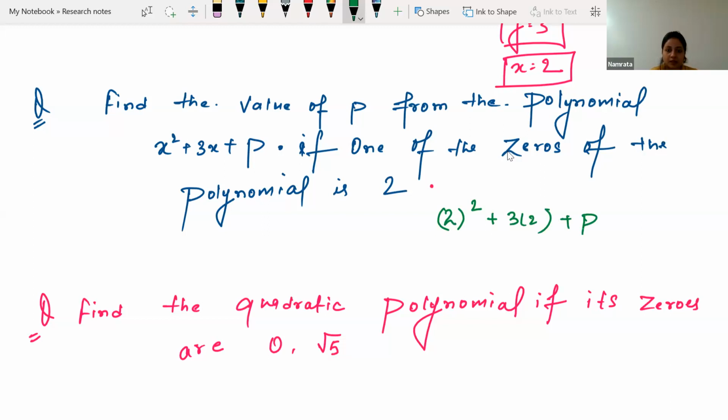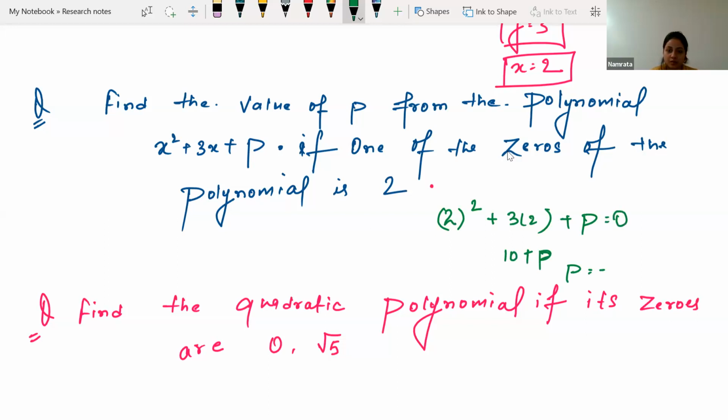It's going to be 4 plus 6, sorry, 4 plus 6 plus p, which is 10 plus p. So p equals to minus 10 if we equate it with 0.